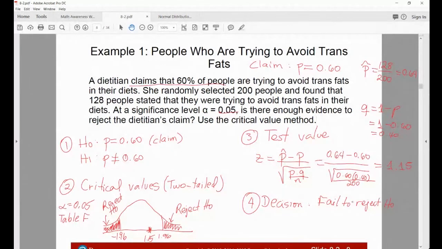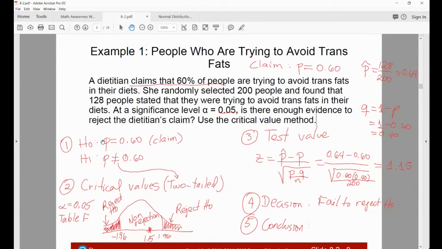So now we need to write a conclusion about the claim. So we need to answer the question: is there enough evidence to reject the claim? The decision is that we fail to reject. So we cannot reject the null hypothesis, and that's the claim.